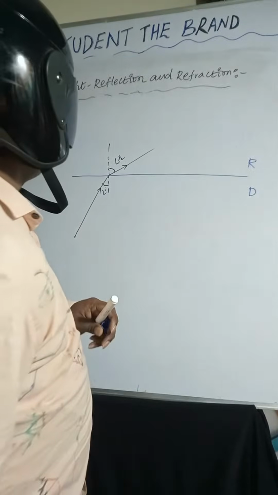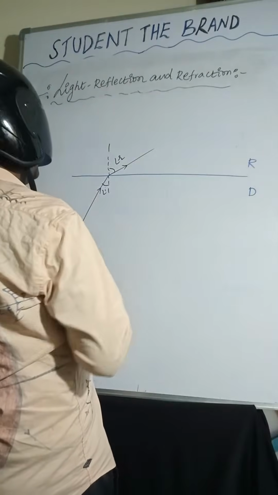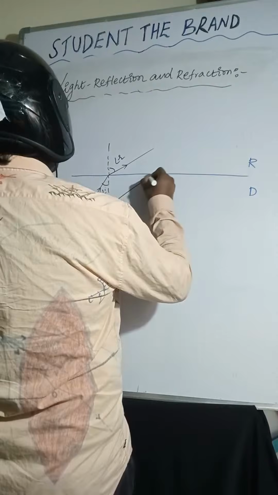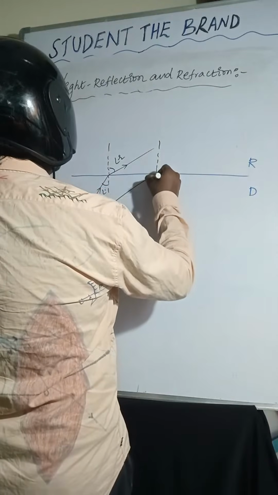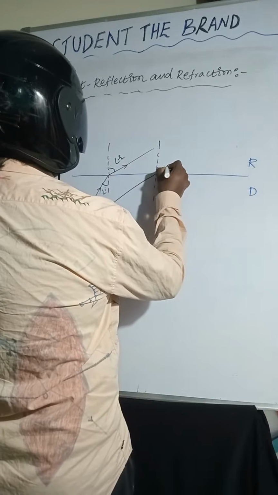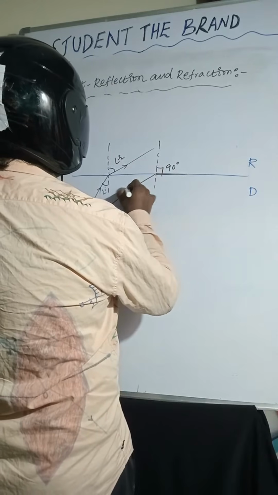You can see at a certain angle of incidence, the refracted ray passes along the surface. This angle is called the critical angle, where the refracted ray makes 90 degrees with the normal line.